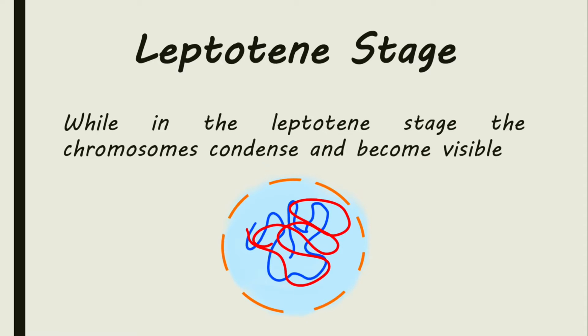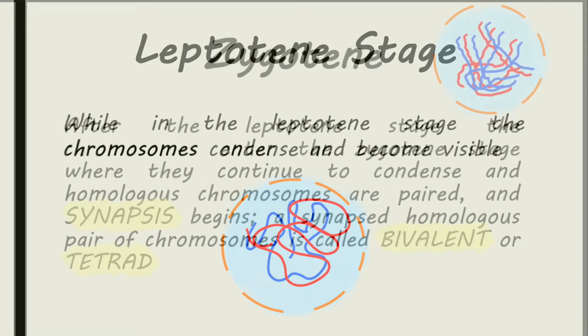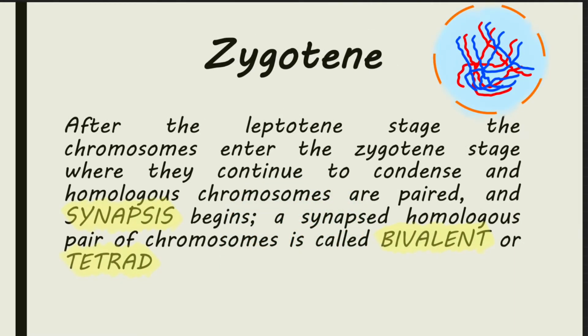Leptotene is the first of the 5 substages. During this substage, the chromosomes begin to condense and become visible. Zygotene is the second substage. In this substage, the chromosomes continue to condense as they did in the leptotene substage.